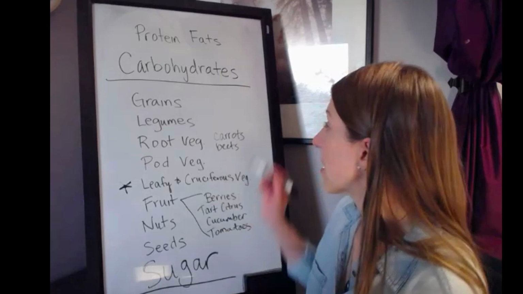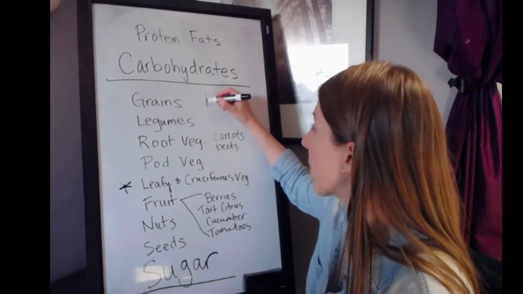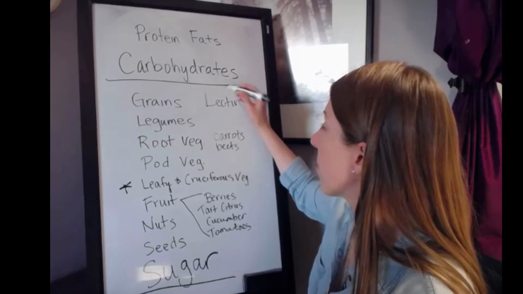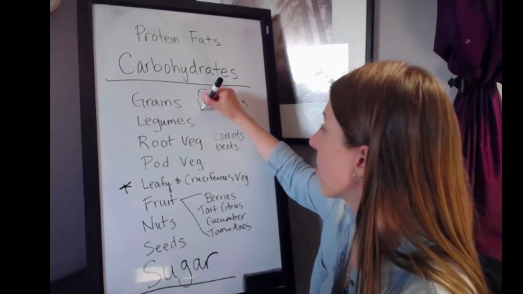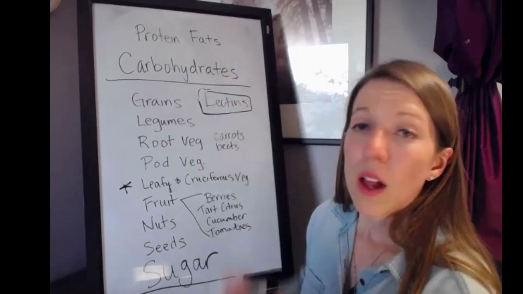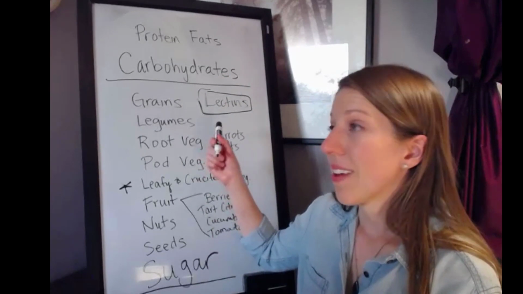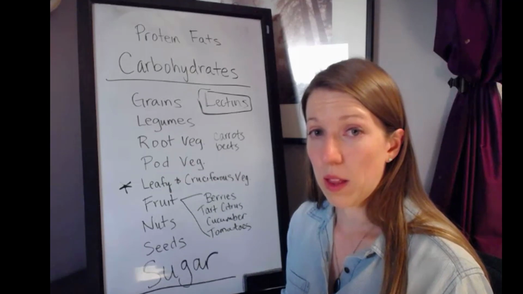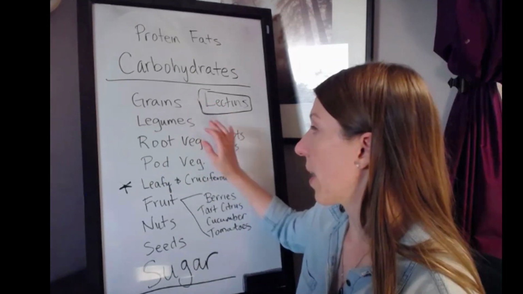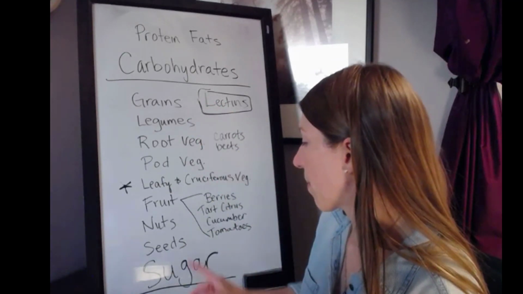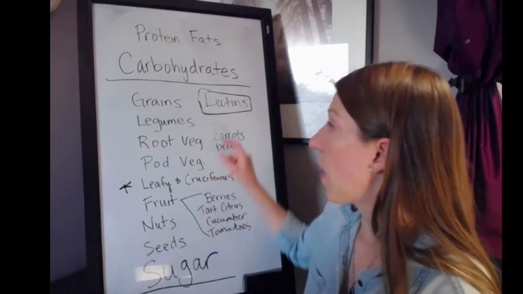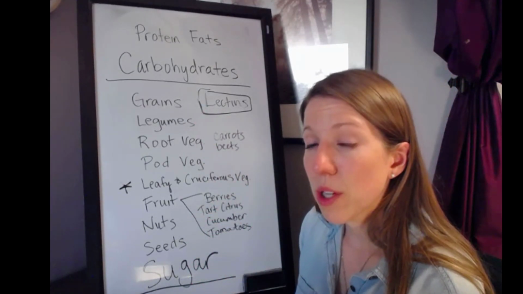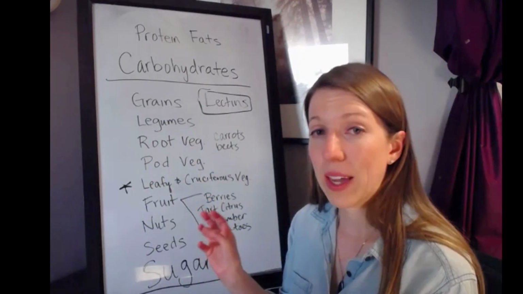That's lectins. Let me write that out. So lectins can be in a lot of our plant foods. They can also be in our meat foods as well, but especially in our grains, our beans, our nuts and seeds. But when people are allergic to gluten, they could also have other grain issues.